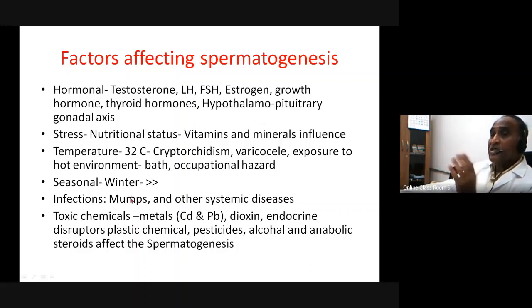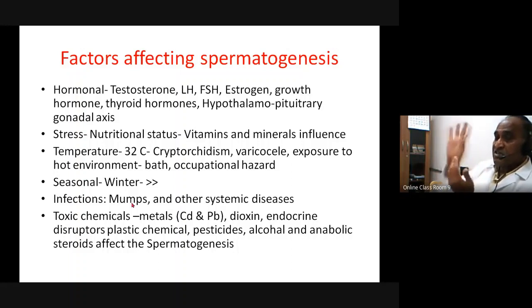At one stage, in the late 1880s or early 19th century, plague epidemics made many men infertile or sterile. So mumps and plague attack the glands.